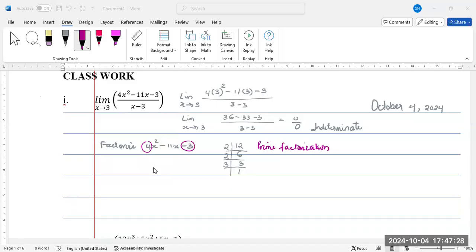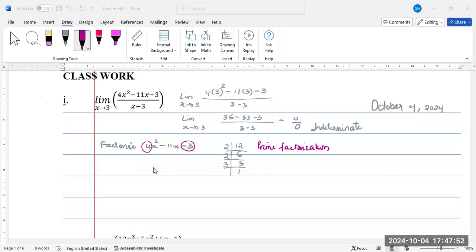But I need to determine which of them I am going to be using. Only one of them will work. When I add both factors, I will get the middle term. So +12 and -1.